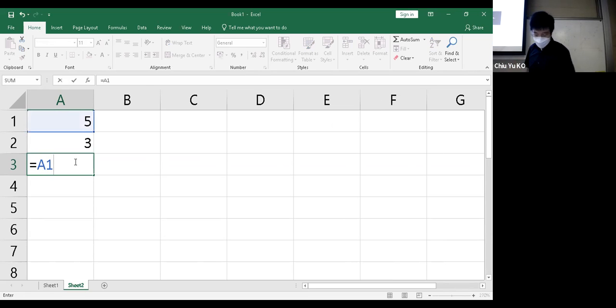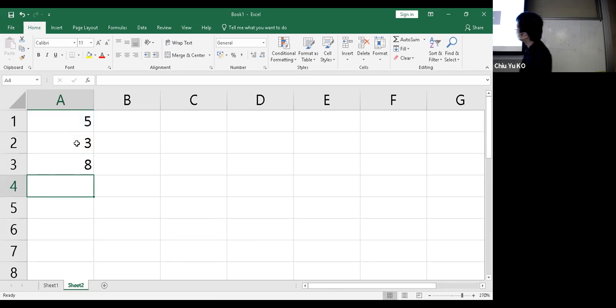Whether you type it in or just click on it, give A1, and you add, suppose, A2. Once you have this, the computer will know to get what is in A1 and what is in A2. Then your life is easier.